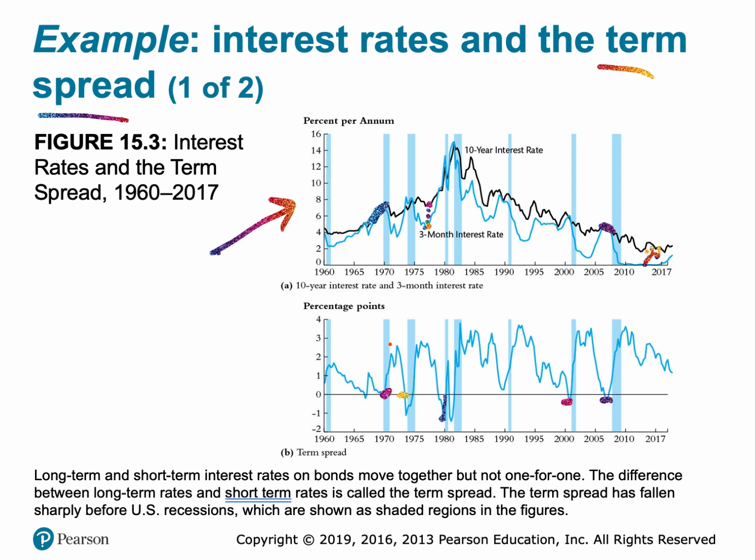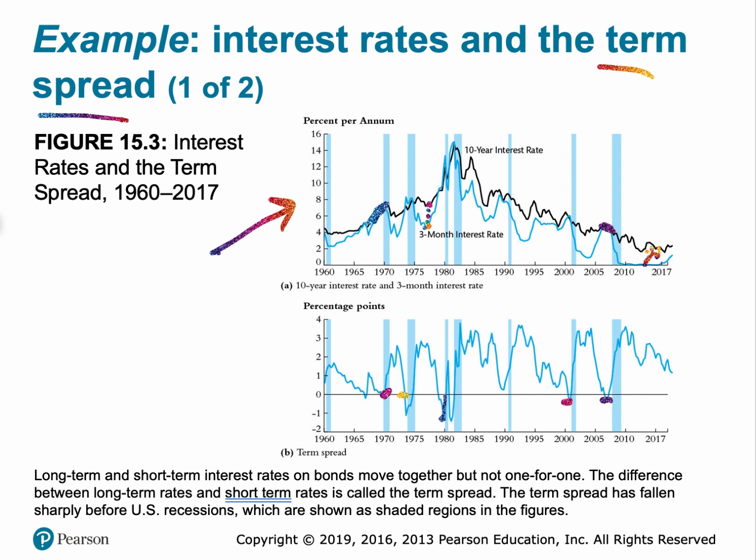As demand for long-term bonds goes up with expectations for the short-term economic outlook going down, that pushes long-term interest rates down relative to short-term interest rates, and the term spread goes down.